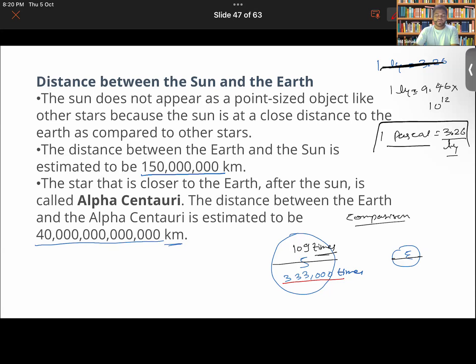Okay, composition. If you have to talk about the composition of the sun, it is mainly made up of what? Hydrogen and helium. Yes, it is made up of hydrogen gas, and this hydrogen gas is continuously being converted into helium.